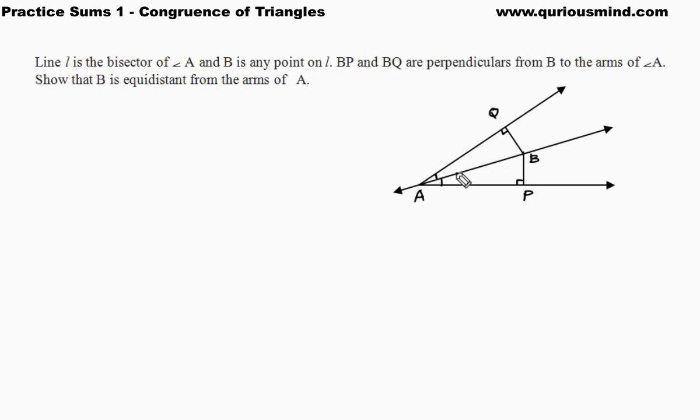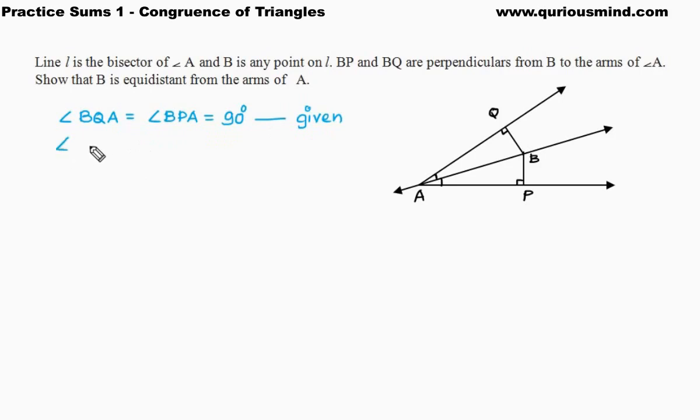Now we have angle, we have side. If I show this angle equal, then I can show these two triangles are congruent. Since these two angles are equal to these two angles, the third angle also has to be equal because angle sum property tells us that sum of the angles is 180. If we know the two angles, the third angle has to be equal. Angle BQA is equal to angle BPA, that is 90 degrees, given.